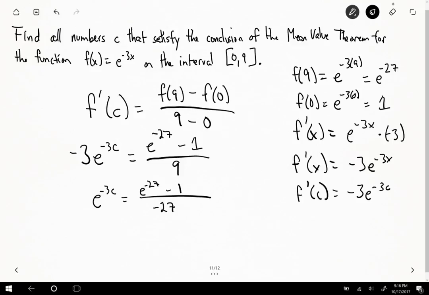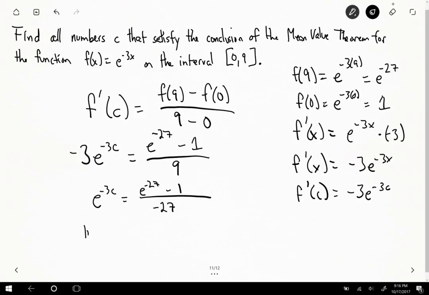Another way we could write this is 1 minus e to the negative 27th, and then all over positive 27. That's just multiplying negative 1 on the numerator and denominator. That'll fix that. But it's not necessary really. All we're really concerned about is this answer where we're getting at.